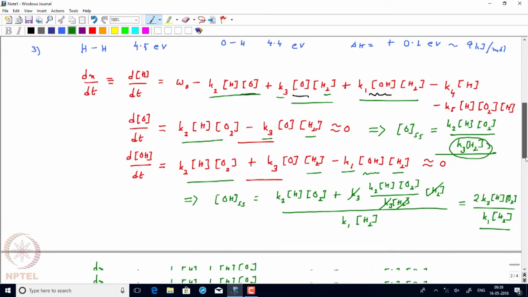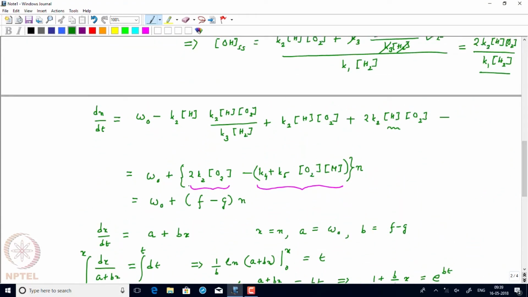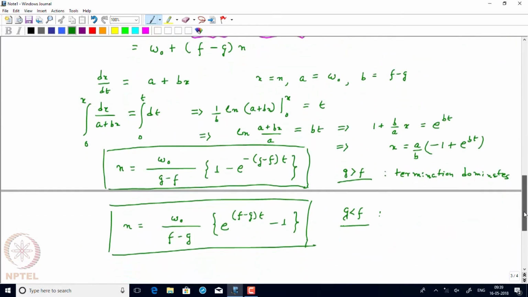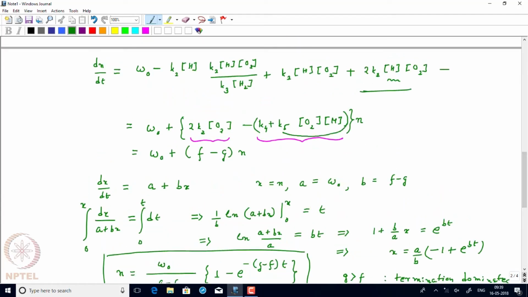If you figure it out from here, this 2 k2 into O2 term, these are basically the branching processes. So if that rate is more, we can say that it is more branching, because this three-body term is only coming from termination, and this is coming mostly from the branching.